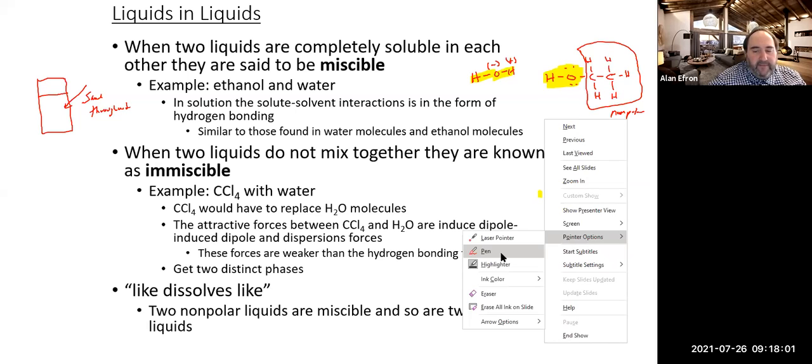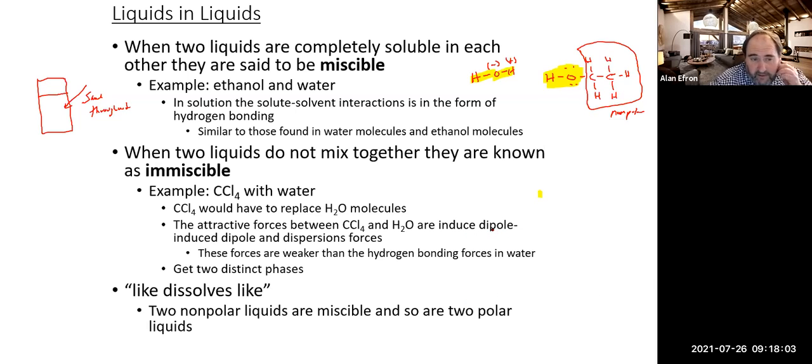So although a lot of ethanol is nonpolar, it does contain this polar bond, which is partially positive here and partially negative here. That is not just a polar bond, but a bond with hydrogen. Not just a bond with hydrogen, but a bond with hydrogen and oxygen, which means that ethanol has the ability to hydrogen bond with something like water. And that's exactly what happens.